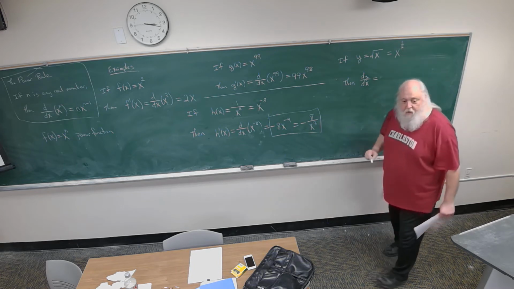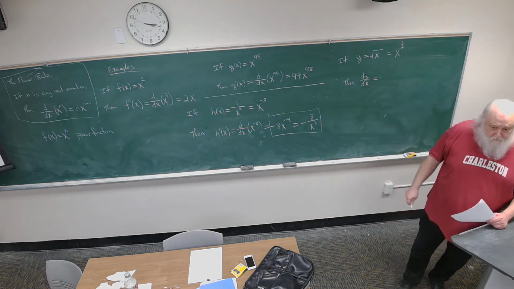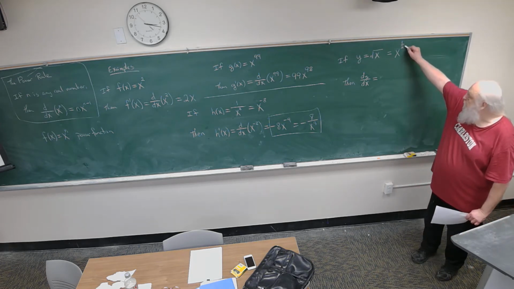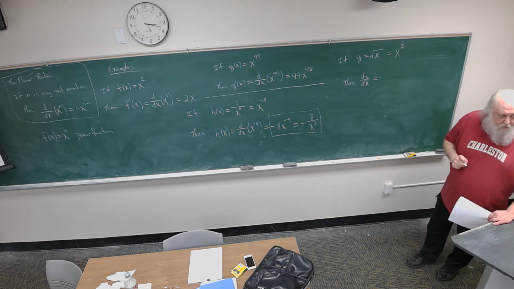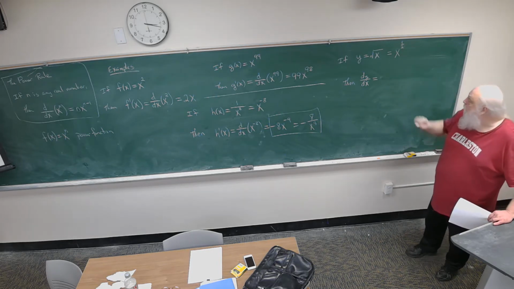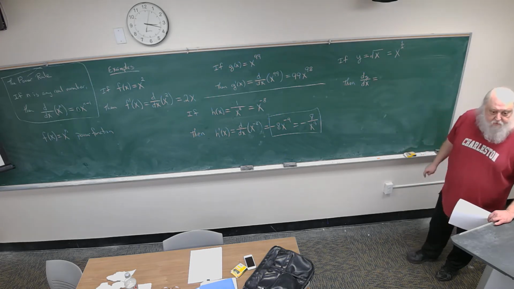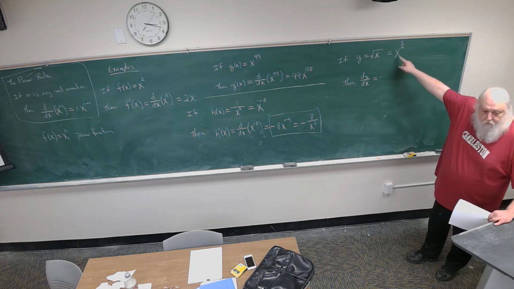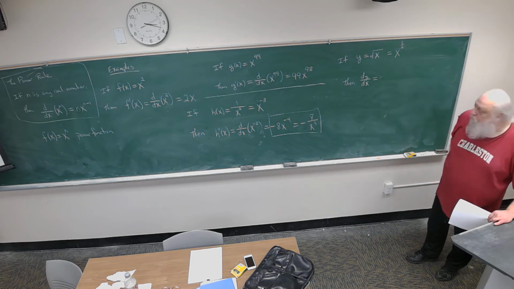We just covered rational power functions in my pre-calc class. In rational power functions, the exponent of the variable x is a fraction. So x to the 1/2 means square root of x. Now this is in the form of a power, a rational power function, so we can apply the power rule.